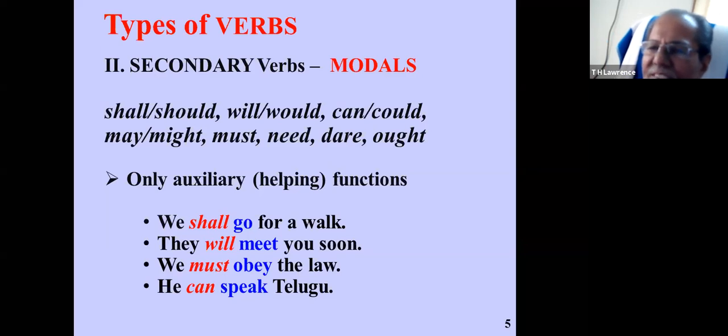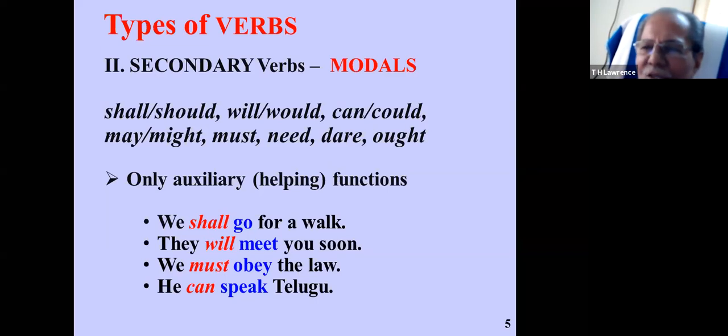These are the modals traditionally. Now modern English also accepts used to, going to, had to, etc. as modals. Anyhow, we will just leave them there. And here we will take the traditional ones, that is shall, should, will, would, can, could, may, might, must, need, dare, and ought. These are modals.